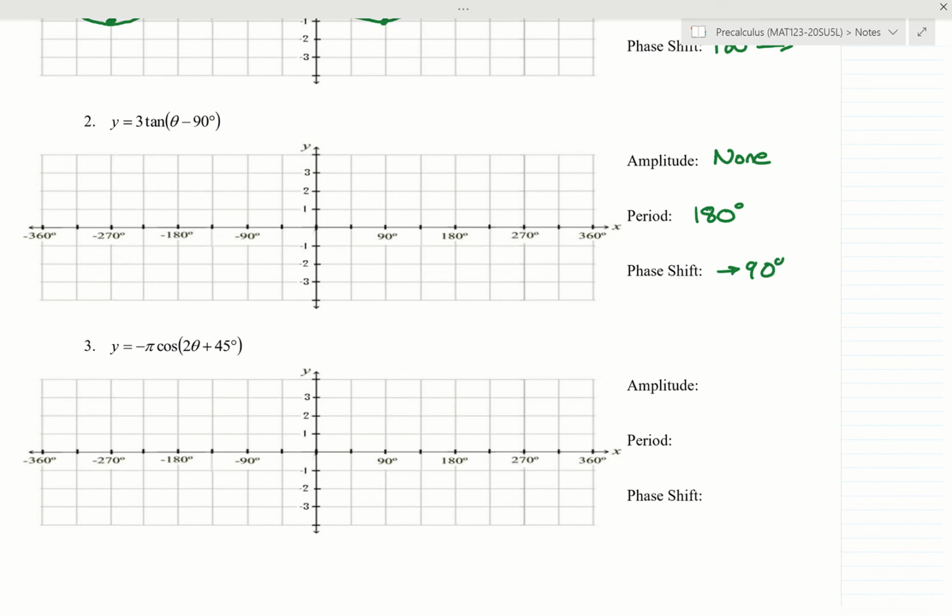So now let's pick some points here. I'm going to type in 3 times the tangent of A minus 90, and I'm going to store 0. And I'm getting a domain error. So this is undefined. 180 degrees, it'll also be undefined.